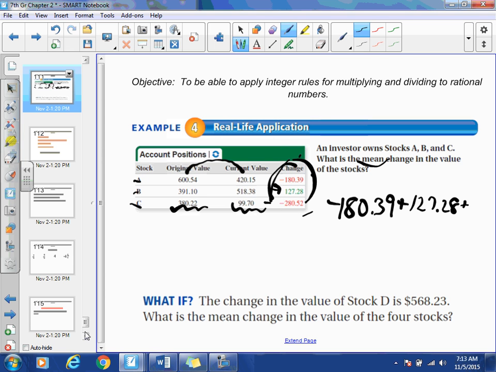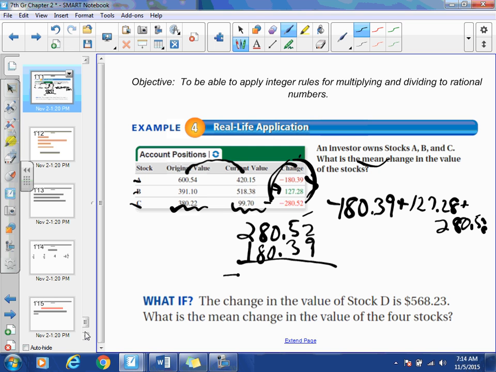What's that last one? Good thing I circled it. You can't read it. 280.52. All right. Since adding is commutative and numbers can move order and still get the same answer, I'm going to add my negatives first. Okay? So I have 280.52 and 180.39. This is going to tell me how much my stock went down total. Right?